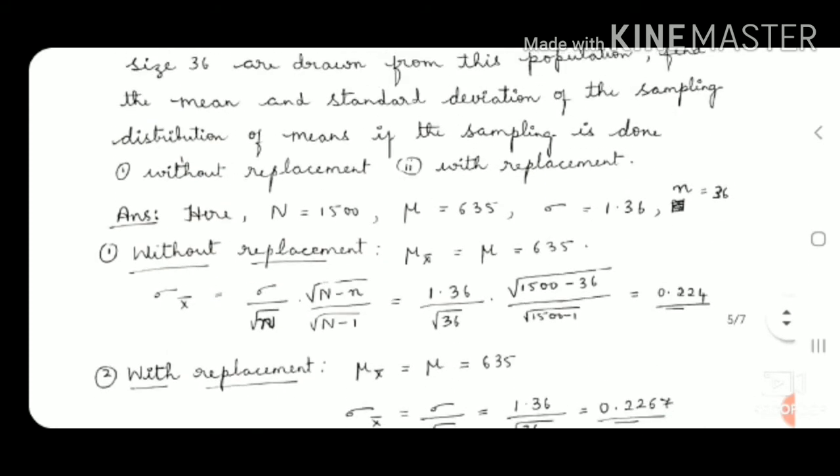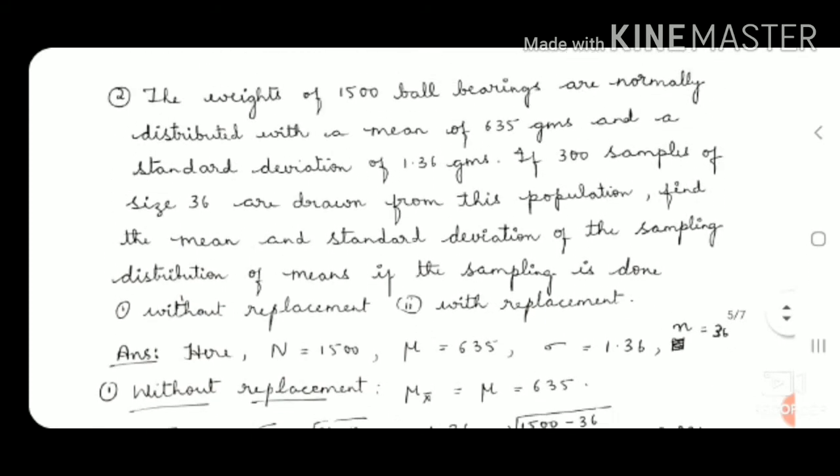In the first case, without replacement, we first write down all the data given to us. The population size is 1500, the population mean is 635, the population standard deviation is 1.36, and the sample size n is 36.